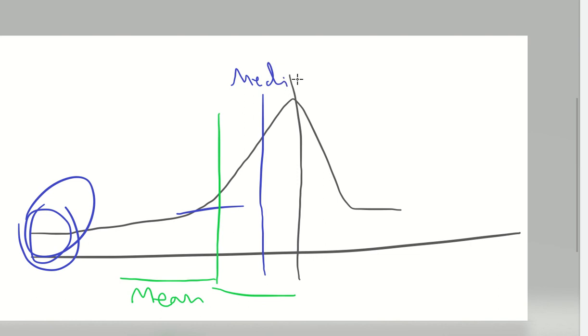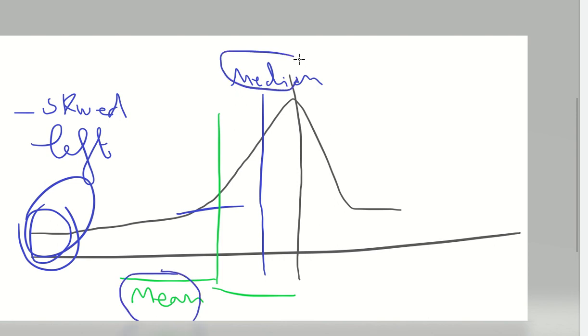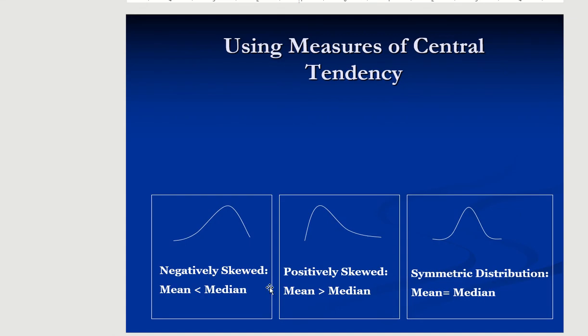Okay? And what that means is that when you have negatively skewed data, or data skewed to the left, okay, the mean is smaller than the median. Okay, so here you have a symmetrical distribution, the mean and the median are equal.